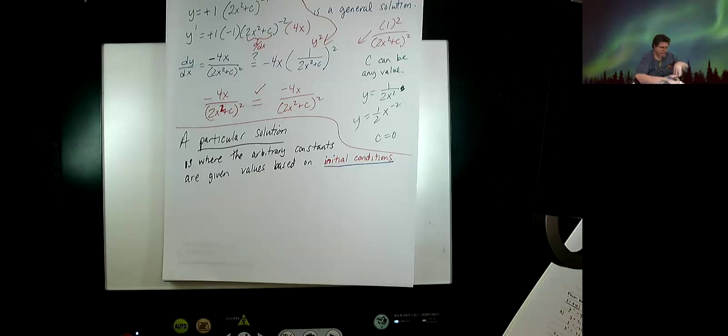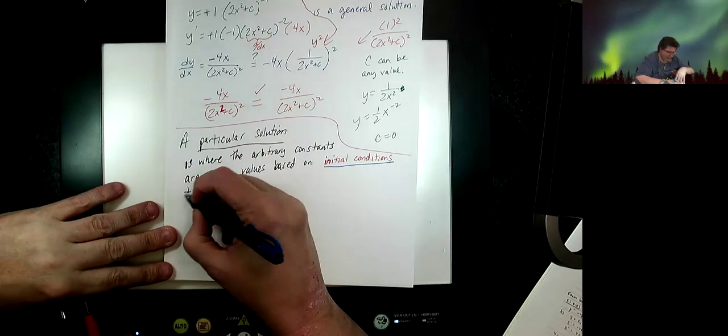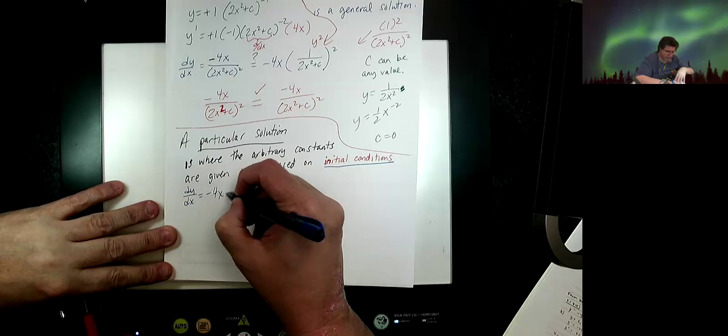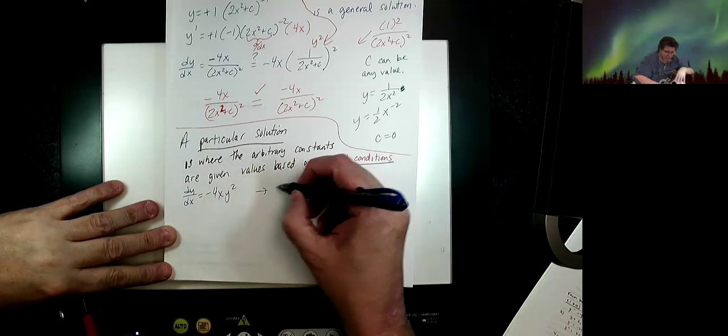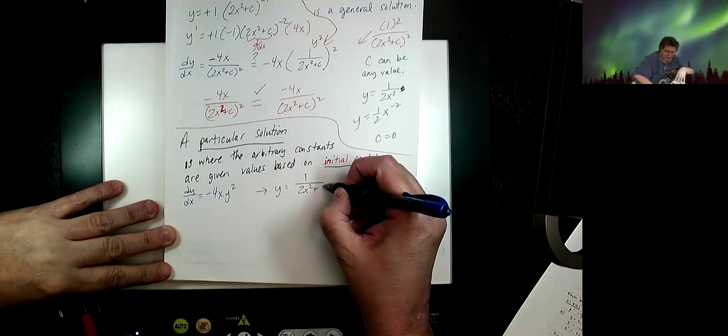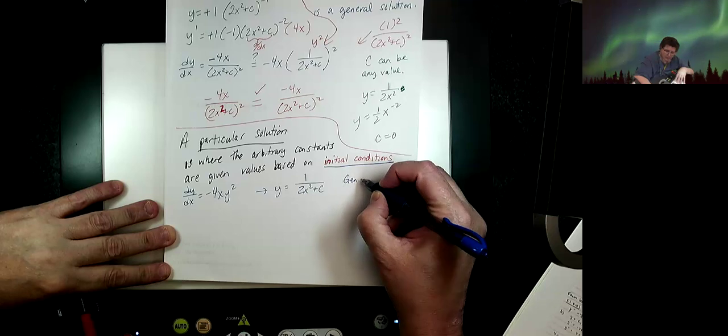So back to our example. dy/dx equals negative 4xy squared. We saw that y equals 1 over 2x squared plus c is the general solution.